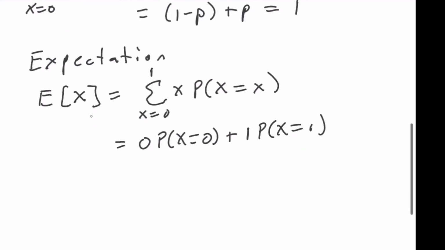And then that's going to be equal to 0 times 1 minus p plus 1 times p, which is p. So the expectation of a Bernoulli random variable is p.